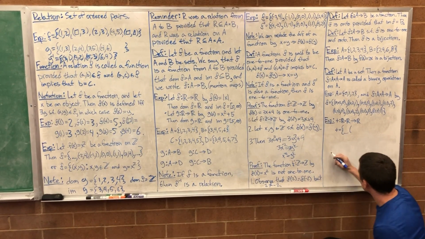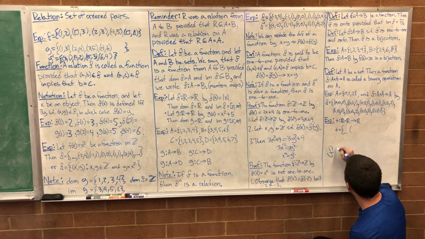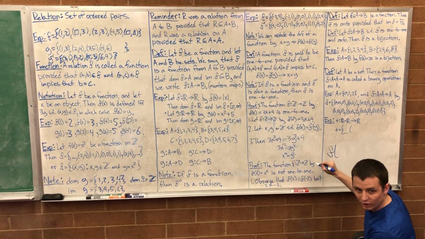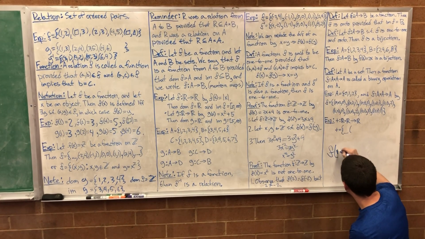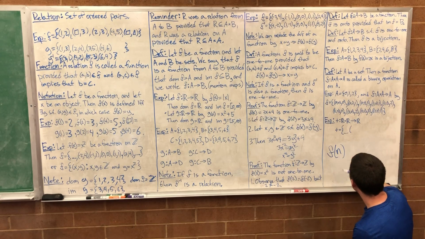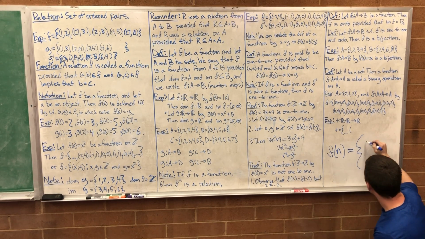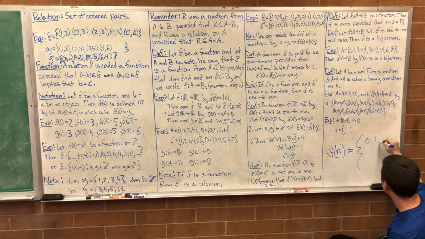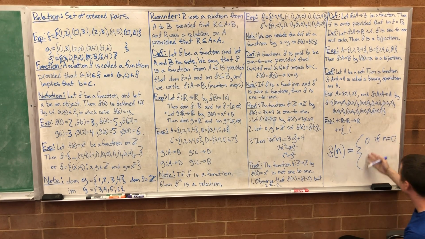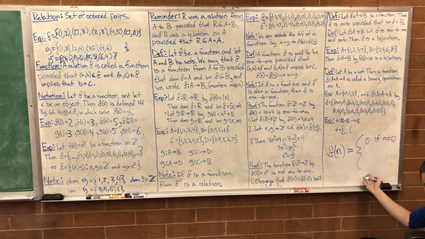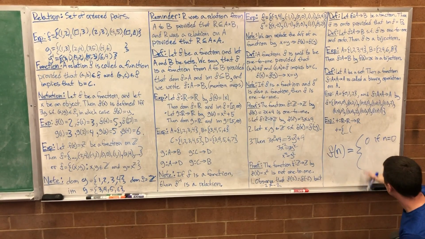So let's think about it real quick. Let's take a function, and we want it for every natural number to spit out one and only one integer. So what will we do? We'll make it equal to 0 if n is equal to 0. Are you good with defining functions this way, where you put the cases over here and then whatever else over here?